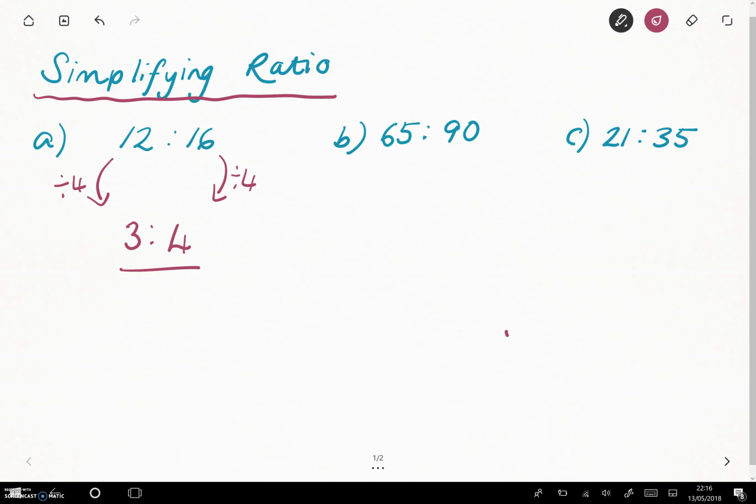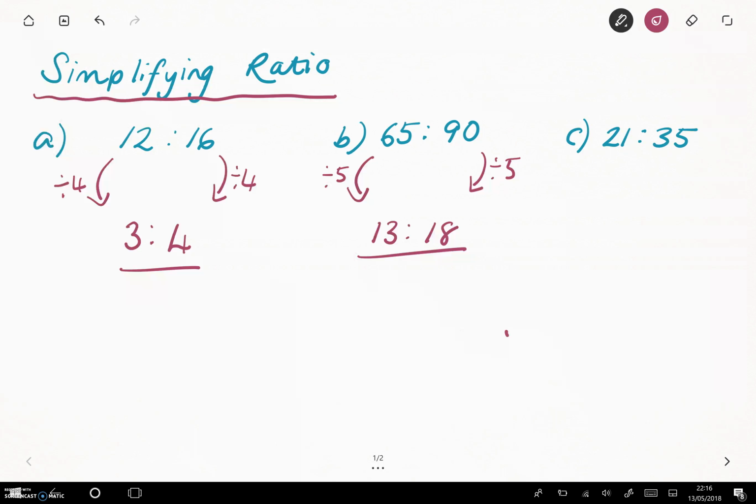Question B, 65 to 90. They are both in the 5 times table. So I'm going to divide both parts of the ratio by 5. How many 5s in 65? 13. How many 5s in 90? 18. So that one simplified is 13 to 18.